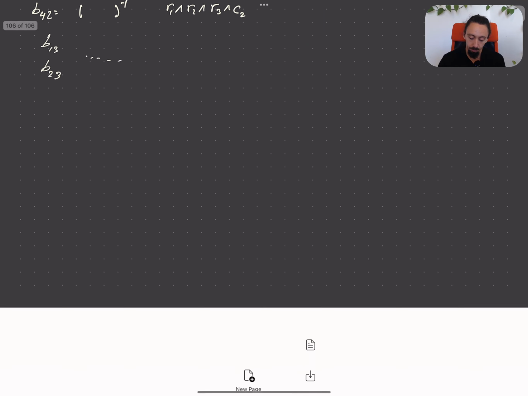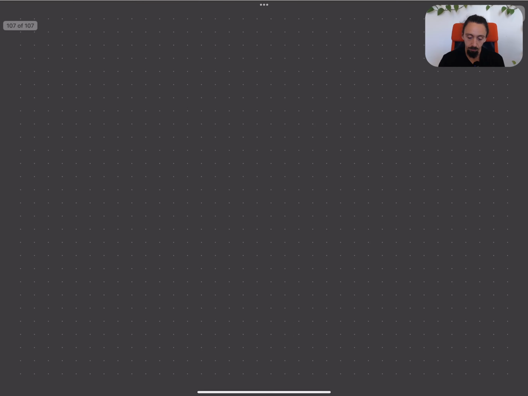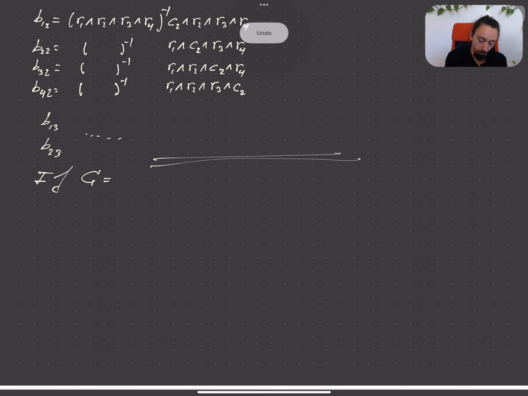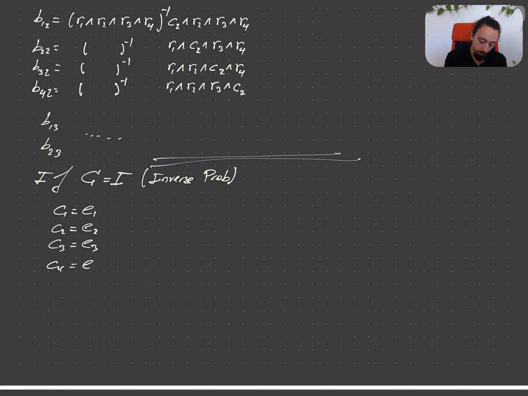Now, how do we apply this to the cases that we saw before? Well, very easily. If C equals the identity, so we are dealing with an inverse problem, then the only thing we have to take into account is that C1 will be equal to e1, C2 equals e2, C3 equals e3, C4 equals e4.